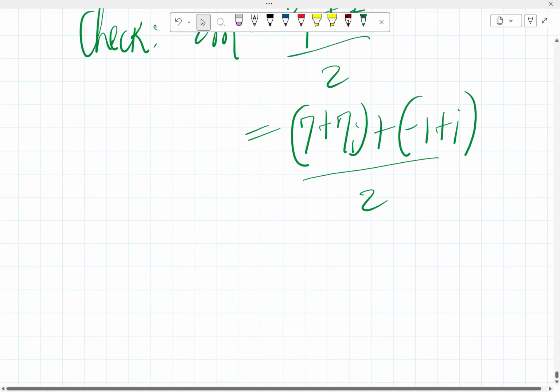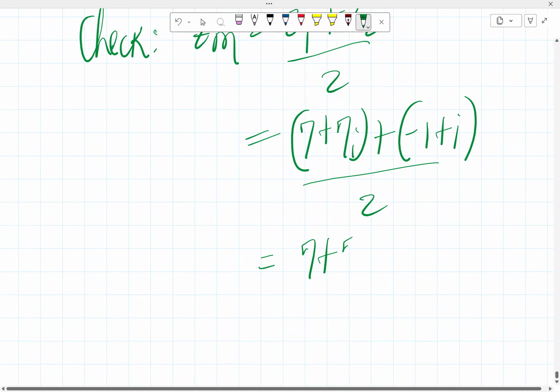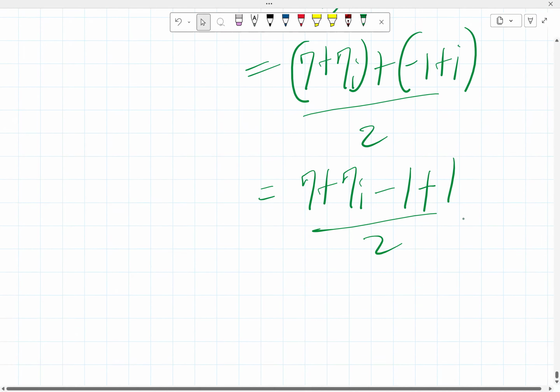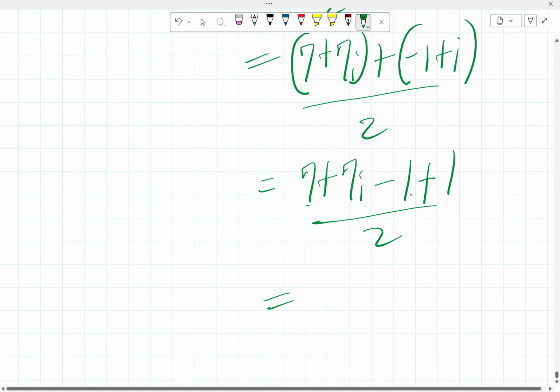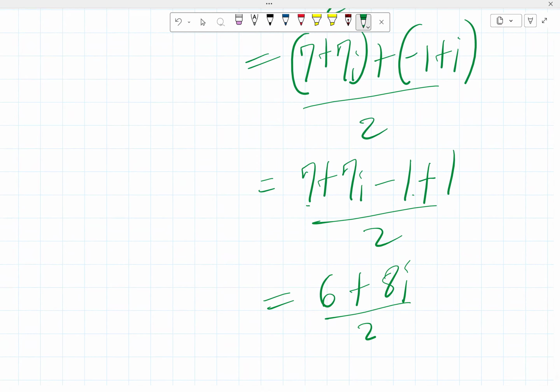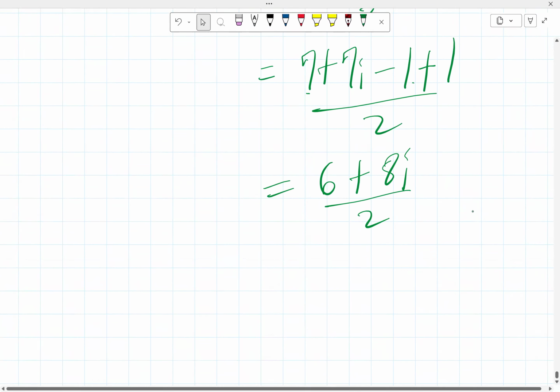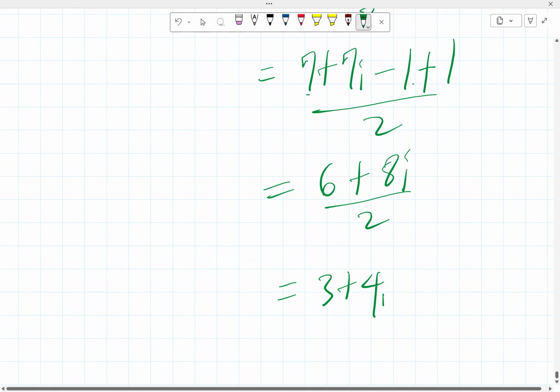So that means we have 7 plus 7i minus 1 plus i all over 2. So 7 minus 1 is 6, 7i plus i is 8i, all over 2. It's making sense still. That's 3 plus 4i, which is still the midpoint.